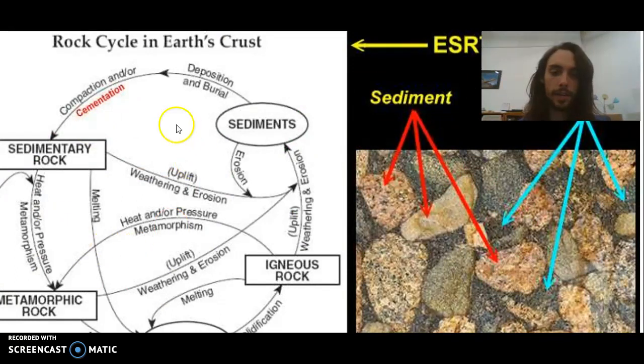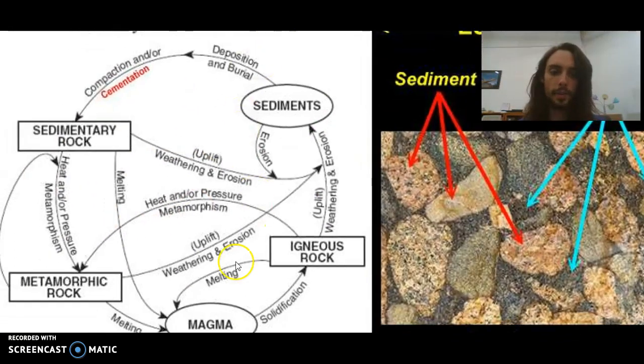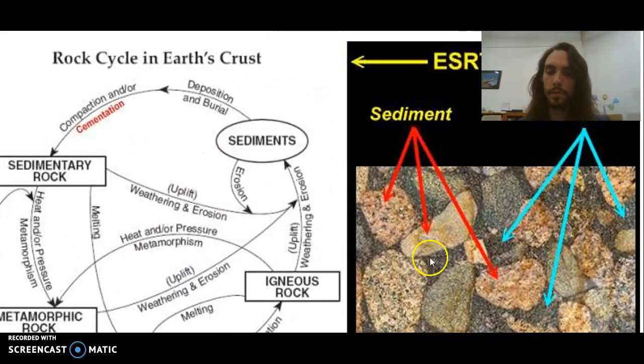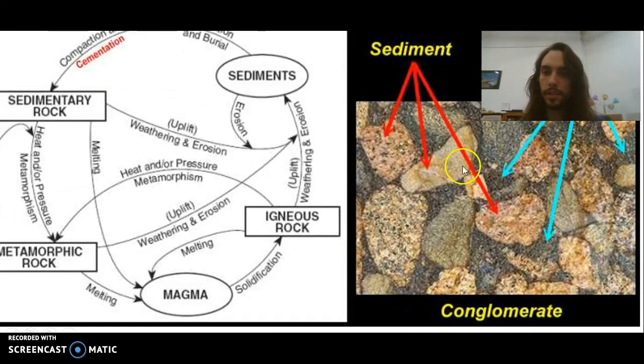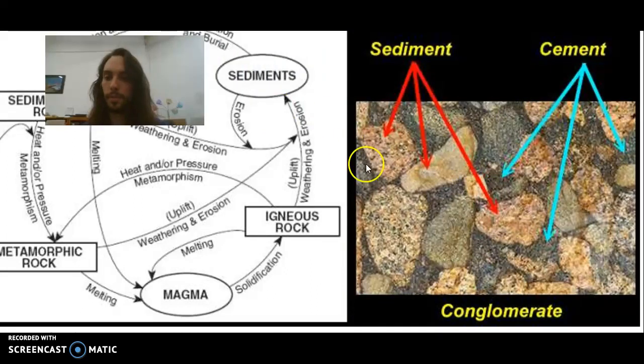Here's just the rock cycle again right here. Go ahead and take a look at that if you need any help. It's a really good example of the rock cycle. Then here, we've got an example of sediment and then cementation going on. All these big rocks are sediment, so this is on a bigger scale than just sand.